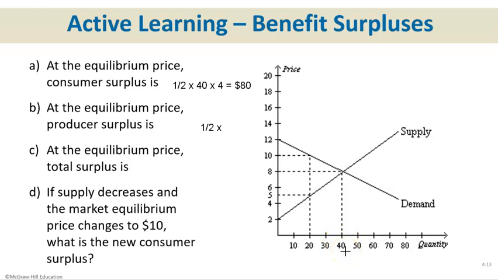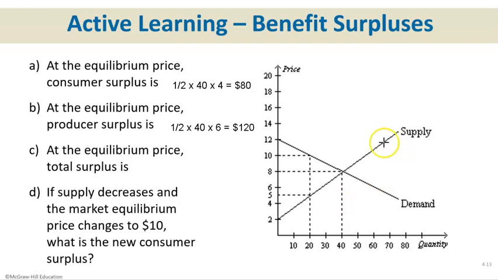So the base is 40 times the height, and the height is the difference between the price and this intersection point right here. So notice our supply didn't hit at 0 this time, so you need to find this distance between 8 and 2. So the height of our triangle right here is 6. All right, and just throw that in the calculator and see what you get. So the producer surplus in this case is $120.